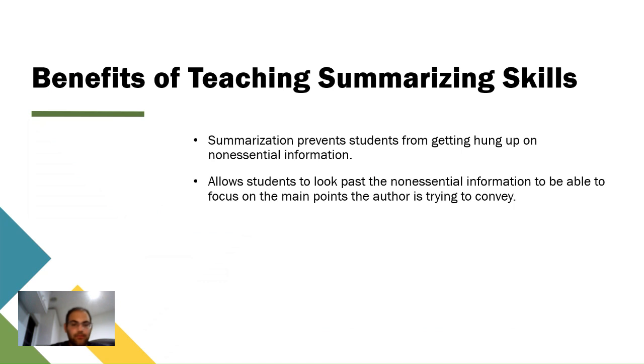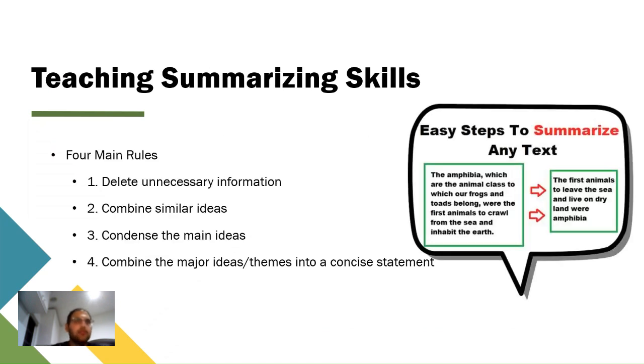So now that we know the benefits of summarizing texts, let's talk about how to teach students these skills. This can be broken down into four main rules. The first is to delete any unnecessary information. The second is to combine similar ideas.